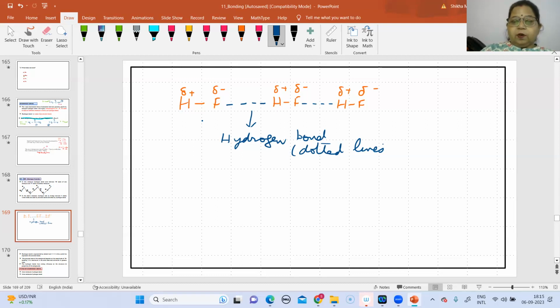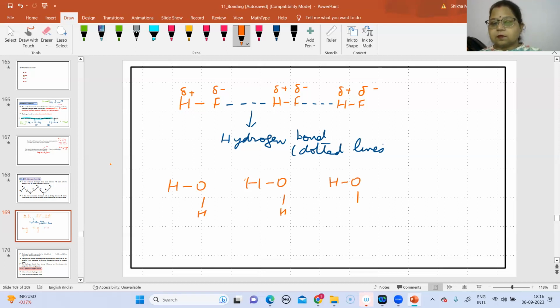Similarly, if I talk about water molecule, water is HOH. I'll be drawing it like this. So what will happen? Oxygen is more electronegative. It will acquire a partial negative, and hydrogen will acquire a partial positive charge. Again, partial negative, partial positive, partial negative, partial positive. Now then what will they do?